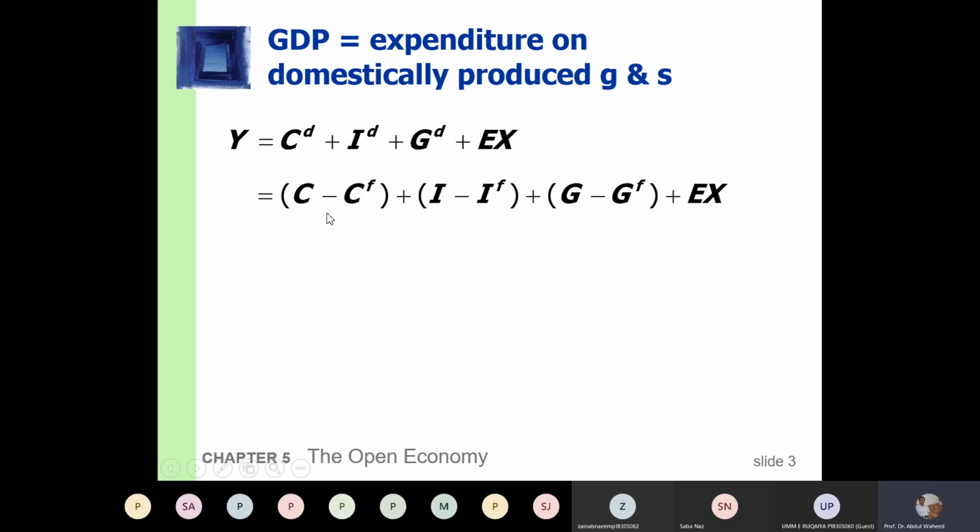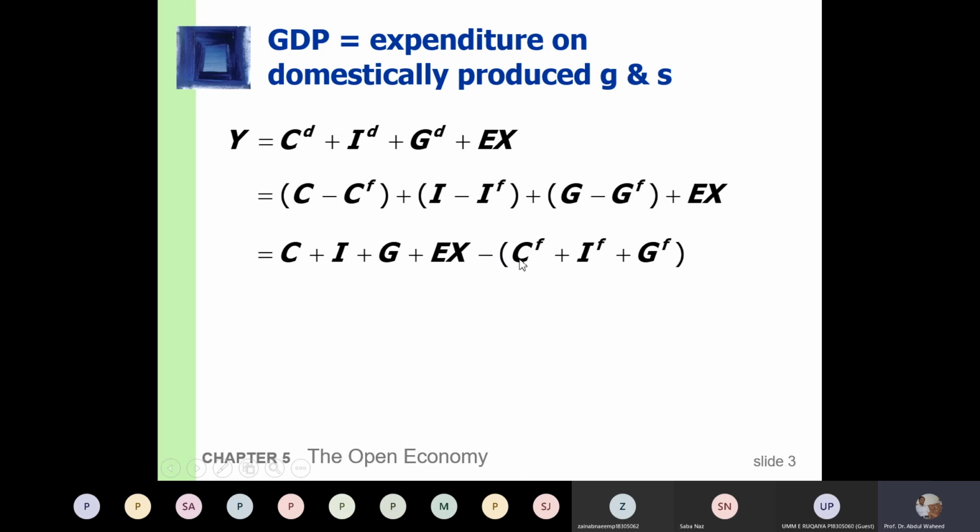Now we will rearrange. We will keep C, I, and G: C plus I plus G. Then we have plus EX. And then we have minus CF, minus IF, and minus GF. So all minus terms are kept here, and then we take minus as common.